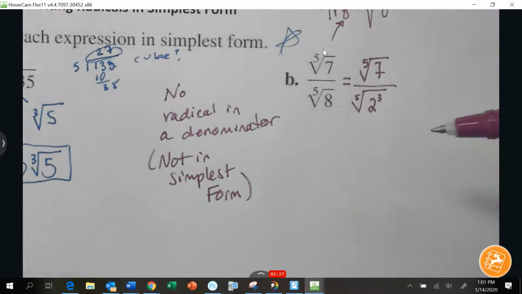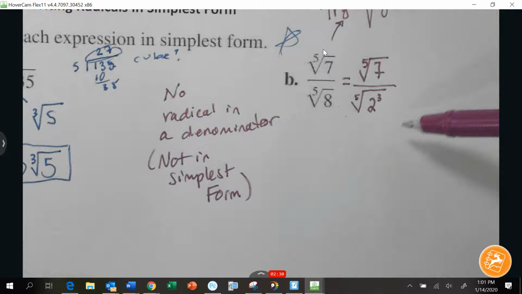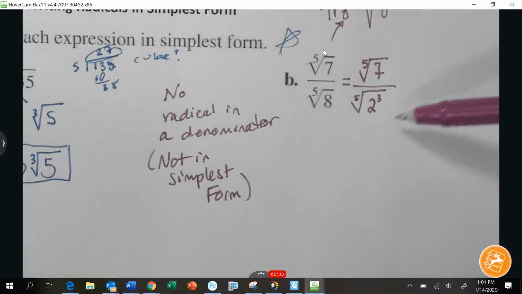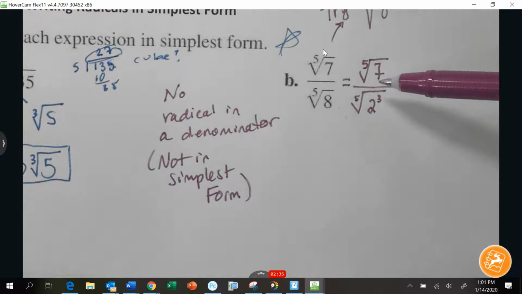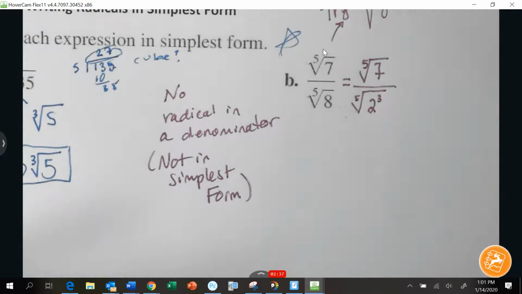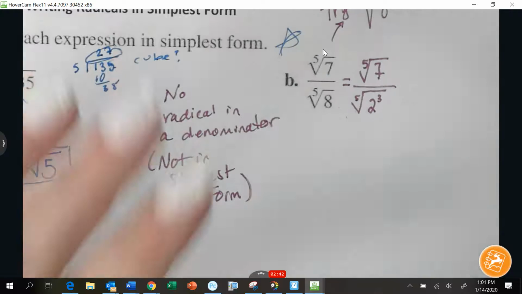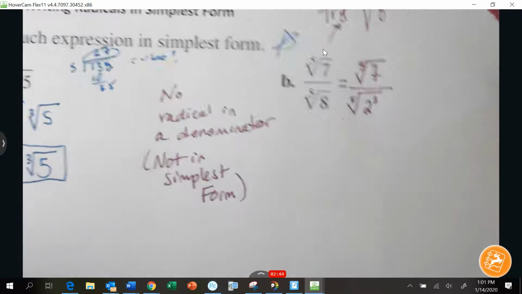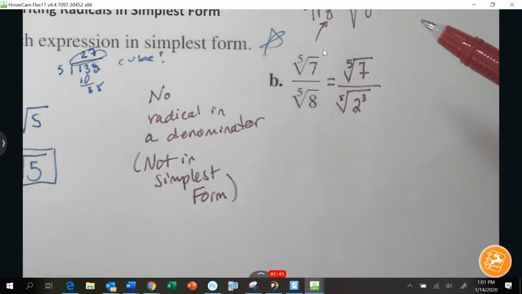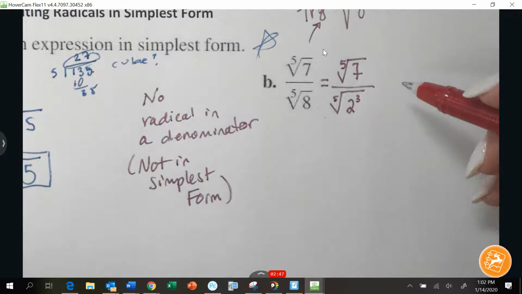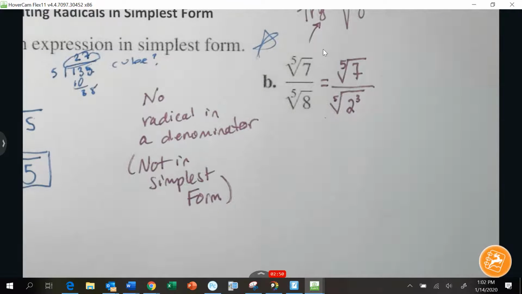What I want to do, my little stealthy thing, is I'm going to change the appearance of this fraction. I'm not going to change the value of this fraction. So anything that I do right now is not going to change the value. The only things that I can do to not change the value is either add 0, which is not going to help, or multiply by 1.